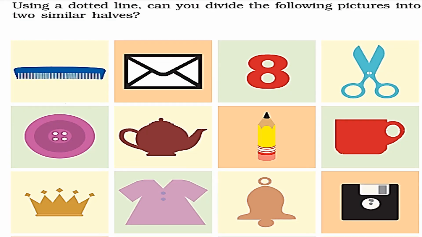Using a dotted line, you can divide the following pictures into two similar halves. So children, we have to draw a dotted line so that it divides the picture into two halves. There are few pictures which cannot be divided. So let's find out, children.